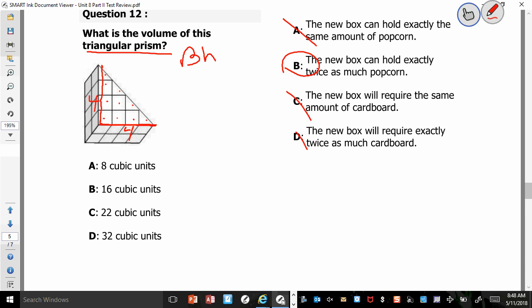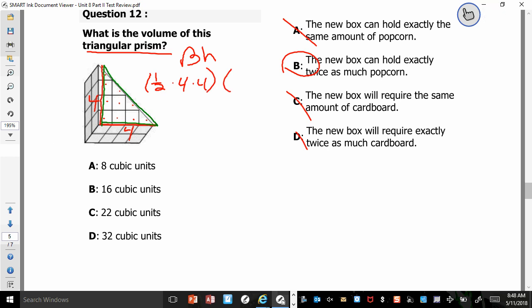Right? So big B, since the shape of the base is a triangle, we can do 1/2 base times height, times the height of the prism.